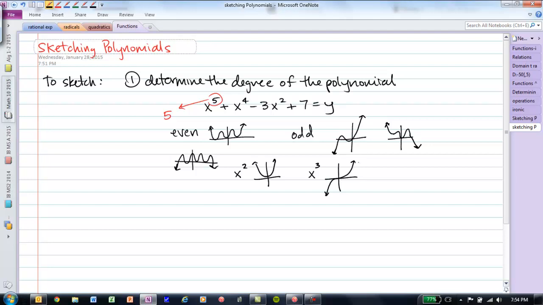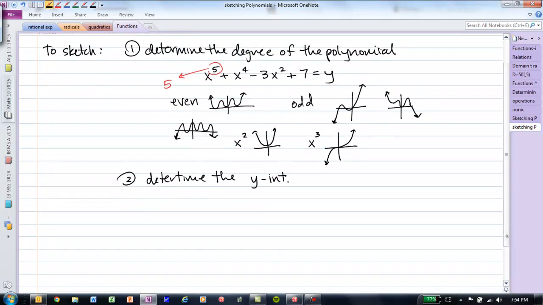Okay, after you determine the degree of the polynomial, the second thing we're going to do is determine the y-intercept. I'll talk more about that when we get to it. All right, number 3.